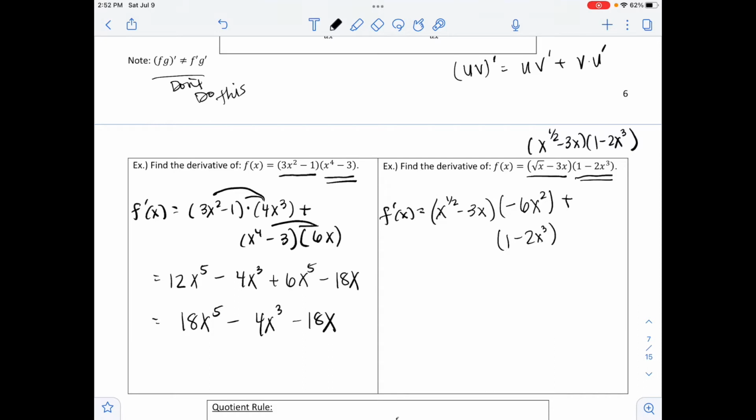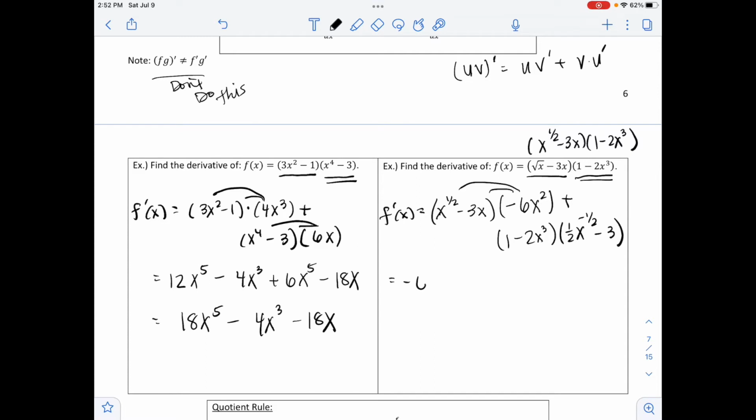Taking the derivative of our first term, we get 1/2 x to the, and then subtracting 1 from the exponent will be negative 1/2. And then minus 3x, the derivative of 3x is just going to be 3. So from here, I'm going to distribute my negative 6x squared.